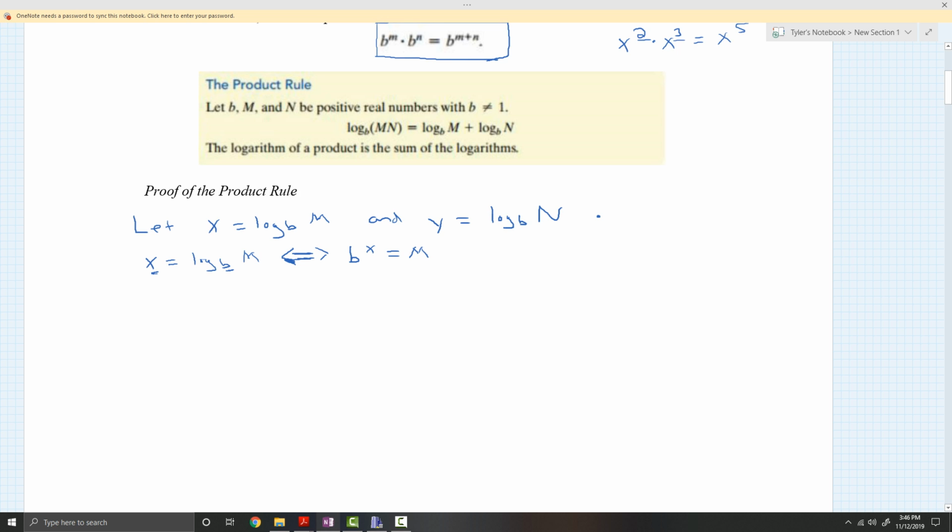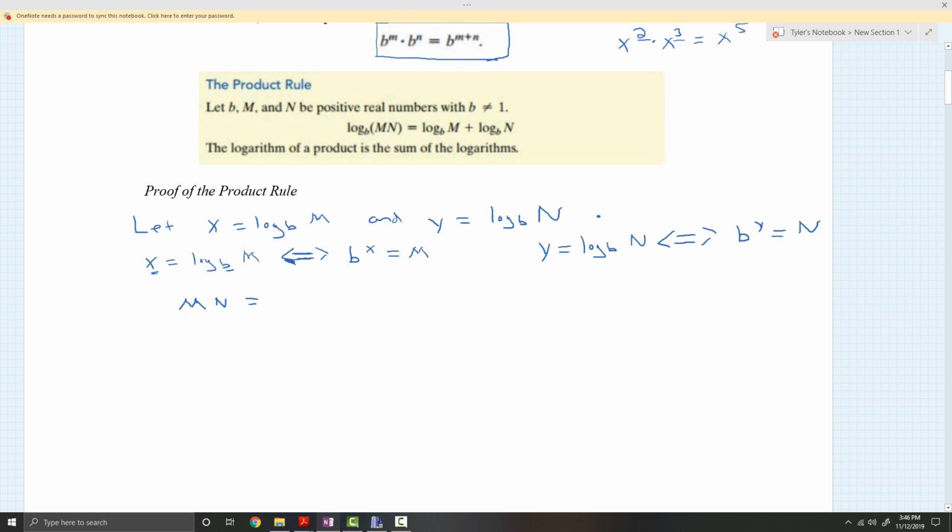And then also y equals log base b of n is equivalent to b to the y equals n. Now what I want to do is take m times n.